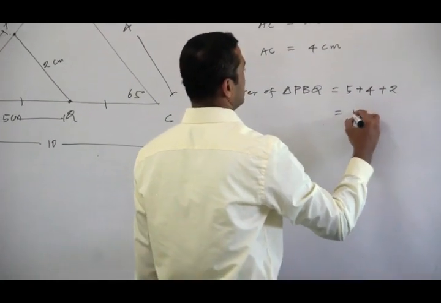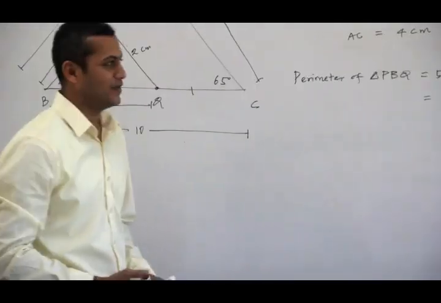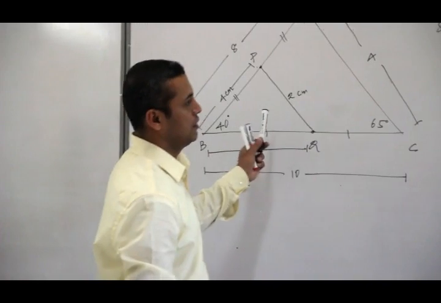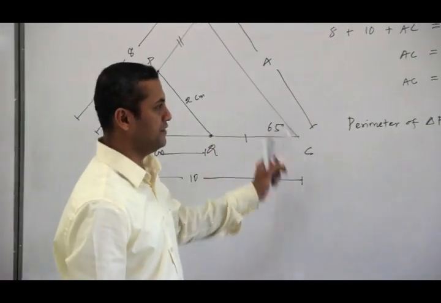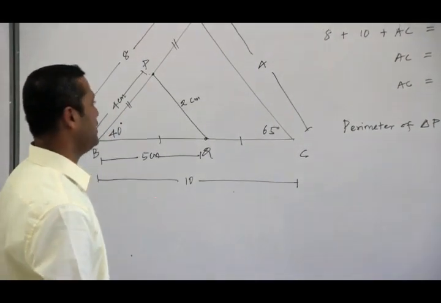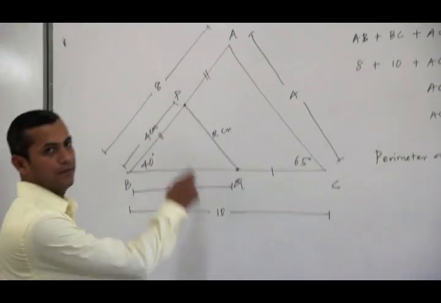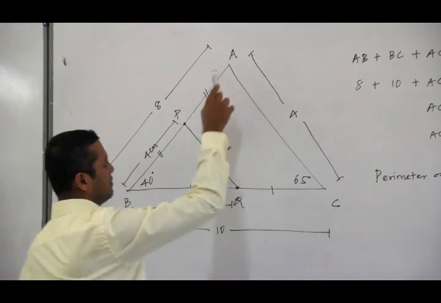Then you will get 11 centimeters. Hope you understood. Now look at the second part. B equals 40 degree, C equals 65 degree. You need to find the remaining angles of the quadrilateral PQCA.